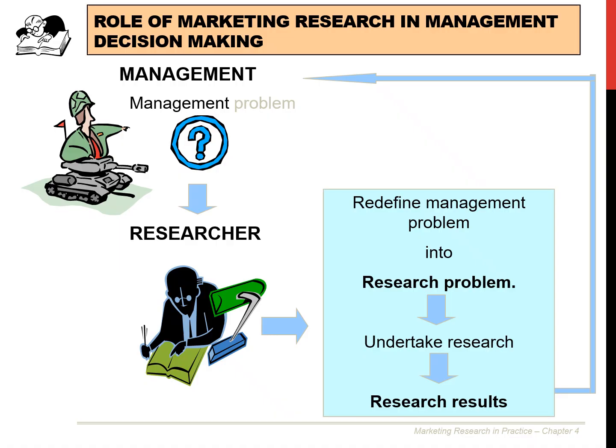So what do we need to research? An example could be we need to understand the perceptions of the consumers of our product. That could be our research problem. In other words, the management problem is why are our sales dropping, and the research problem would be what are the perceptions of the consumers about our product. That's an important element to understand.